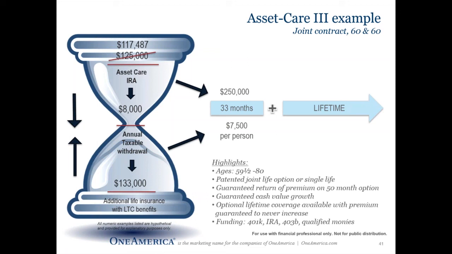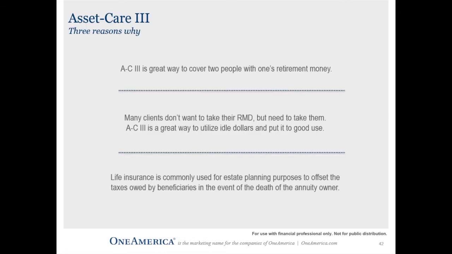Now, we underwrite the Asset Care contract in a different way than we do the annuities. We're still going to start with a telephone review, but we may need paramedical exams and a review of doctor's records on the Asset Care life product. While it's still streamlined and expedited, we do occasionally have to go through parameds and EPS.